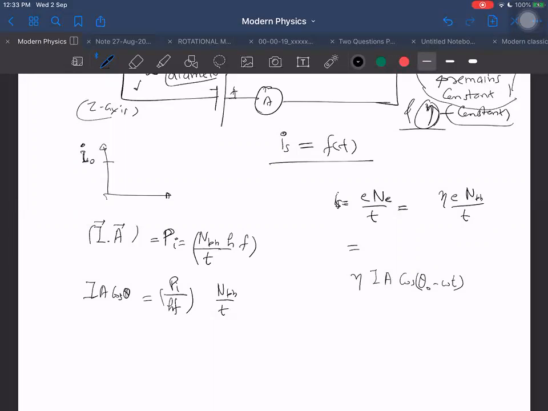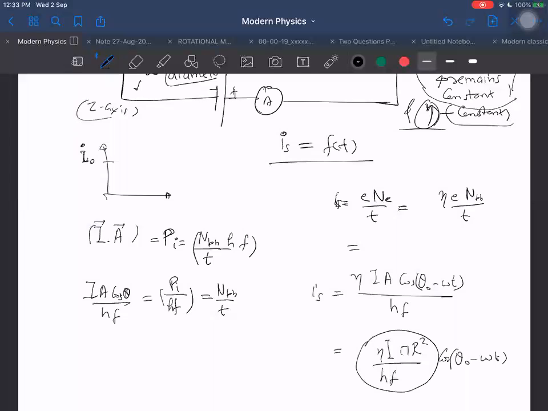P by hf is equal to this, right? This and this upon hf also. Upon hf is equal to I_s, and area is equal to pi r square, intensity, cos theta naught minus omega t.